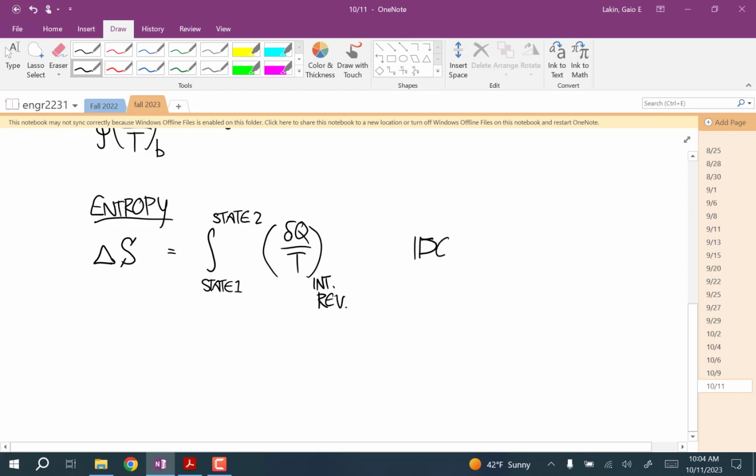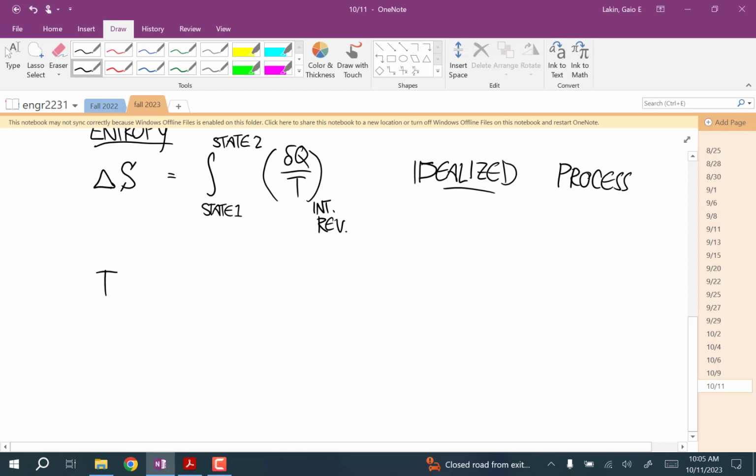So this is an idealized process, and that's where the definition of entropy comes from. So entropy is a harder thing to picture than most of the properties that we've talked about. It comes from this idealized process involving no irreversibilities.